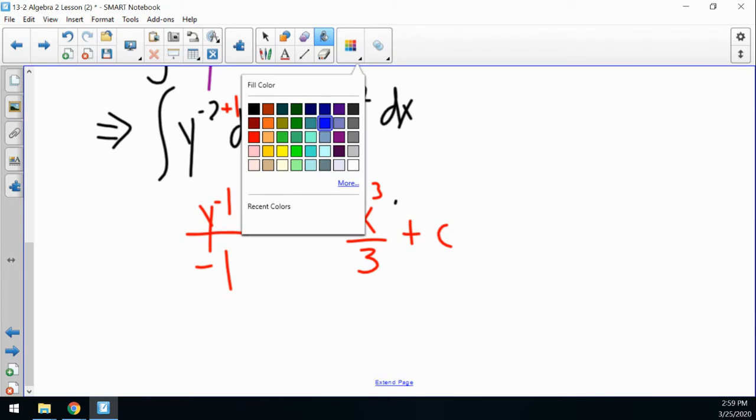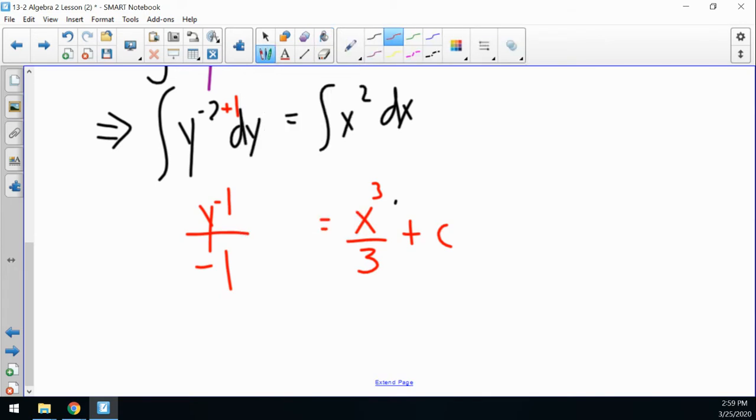So what we're going to do is figure out what C is. We can do that by plugging in the numbers that we know. We know that x is 1 and y is 1.